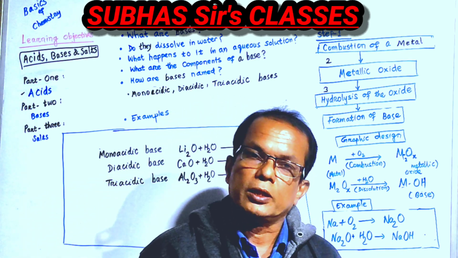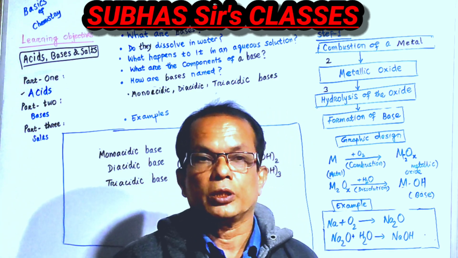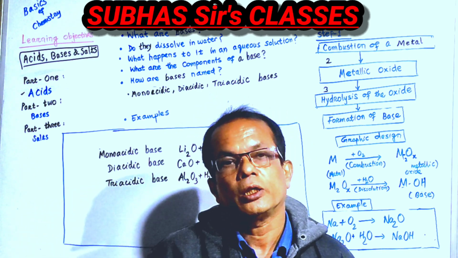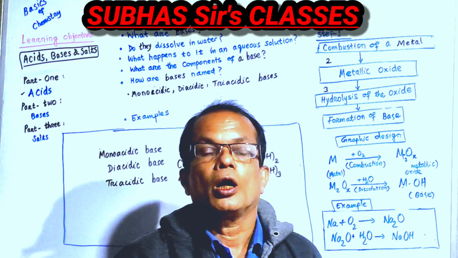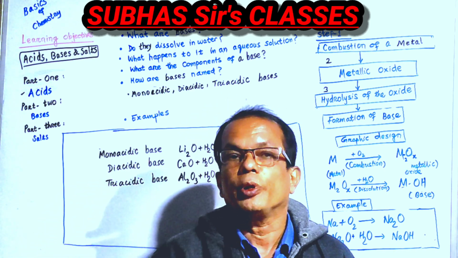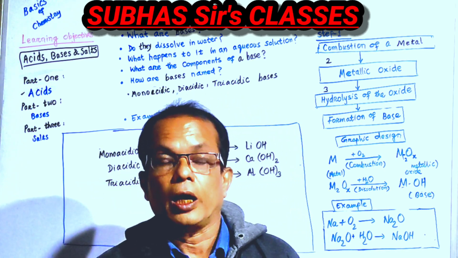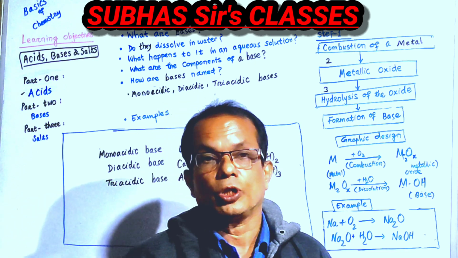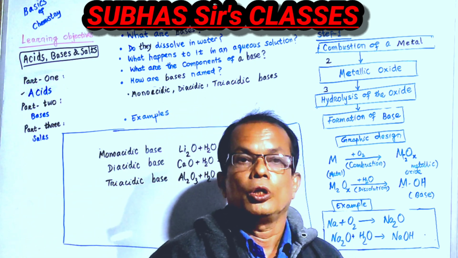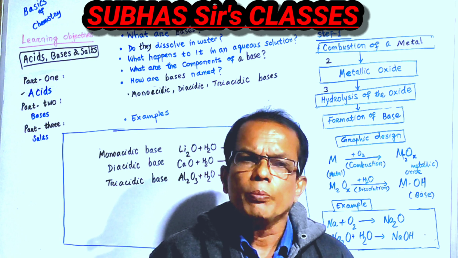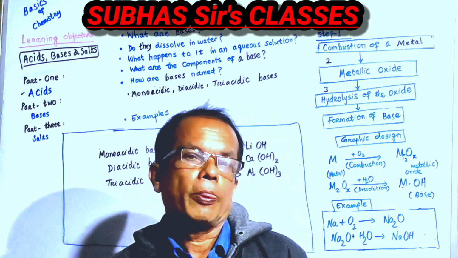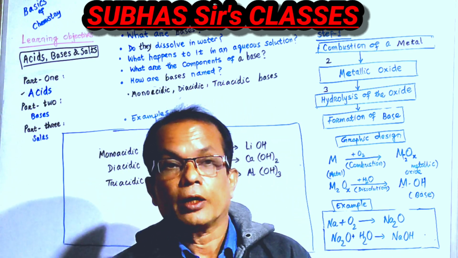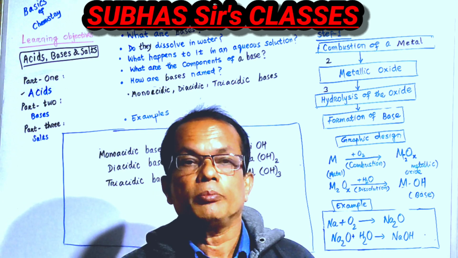But what are bases? Bases are those substances which neutralize acids by reacting with them and forming an ion which gives OH minus ions or hydroxyl ions. So what are bases? Bases can be defined in two ways. Bases can react with acids and neutralize them.